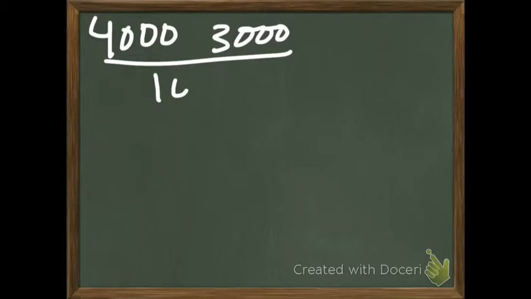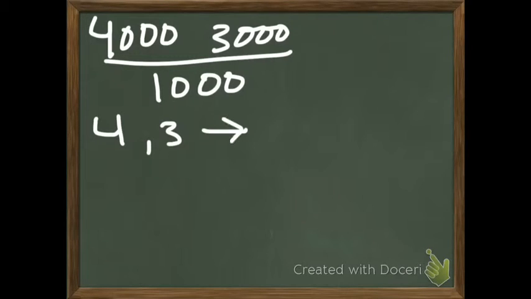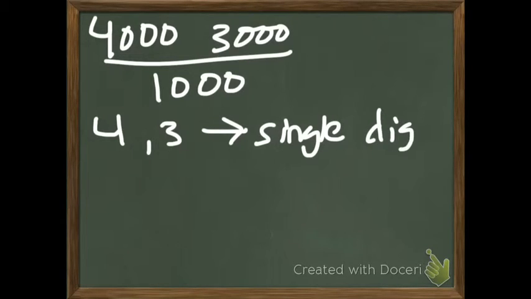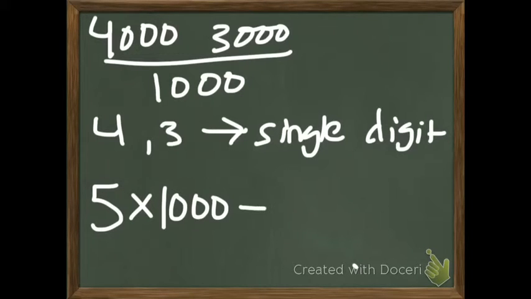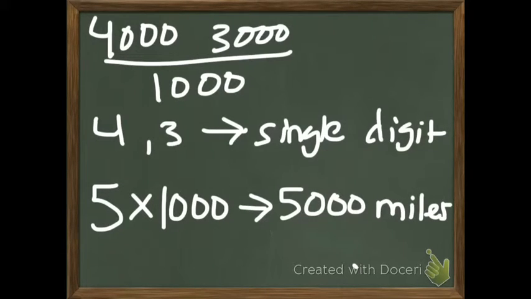However, we divided them by 1,000 to get 4 and 3, which are single-digit numbers. Since our answer, 5, was also single-digit, we now know that we must multiply by 1,000 to get our new answer, which then becomes 5,000 miles.